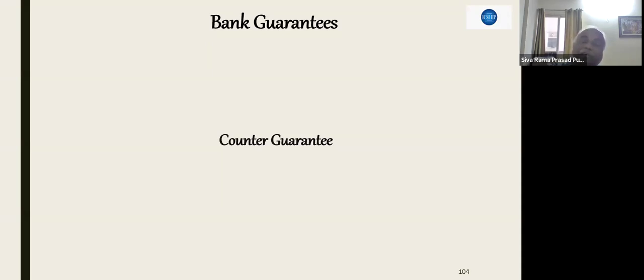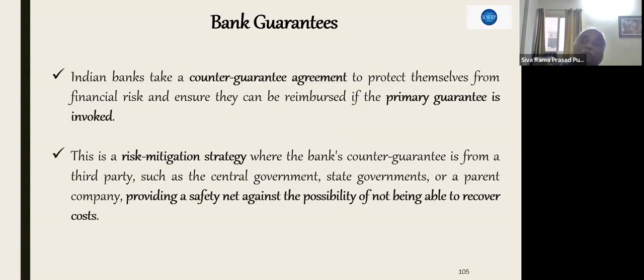For that, I will take a counter guarantee. That is a must. So Indian banks take a counter guarantee agreement to protect themselves. If 50% is secured and 50% unsecured, then the banks will incur a loss from the financial risk, so they ensure they are reimbursed if the primary guarantee is invoked.